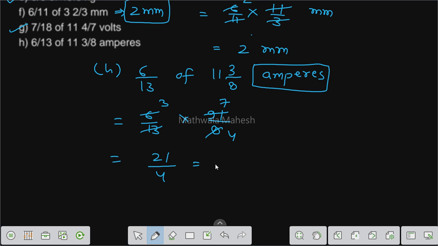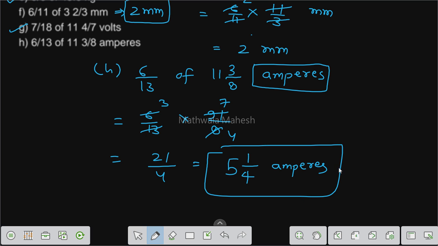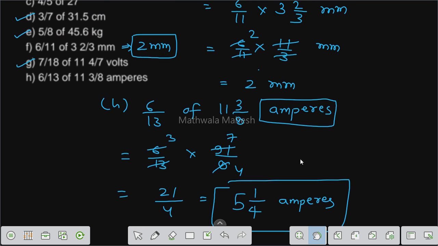Okay. We can write 5 and 1 by 4 amperes. Okay, this is the correct answer. So the remaining questions you do by yourself.